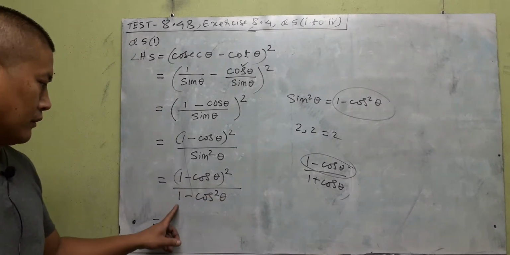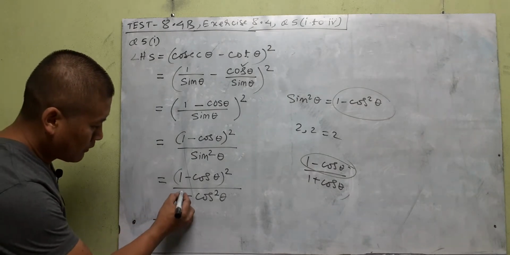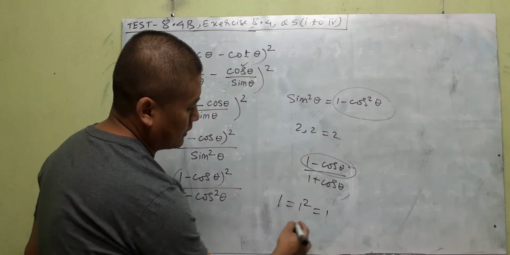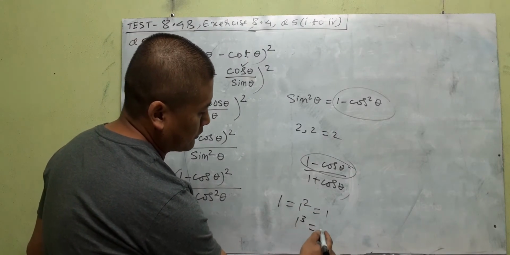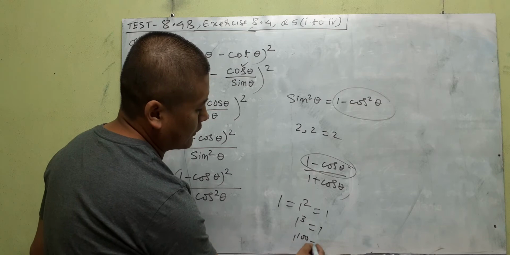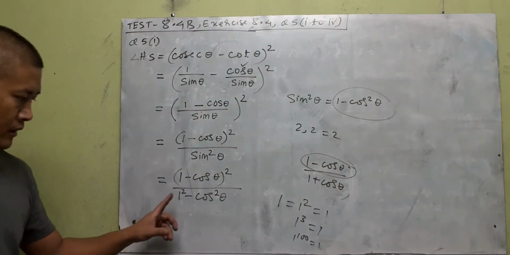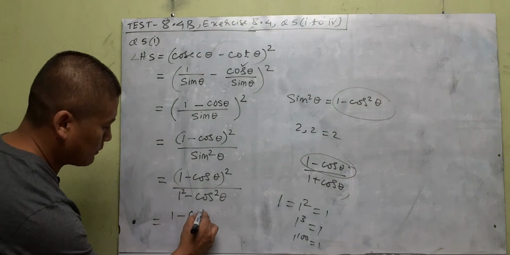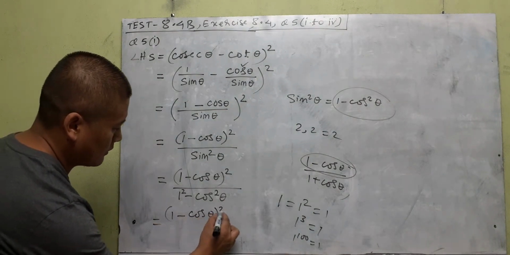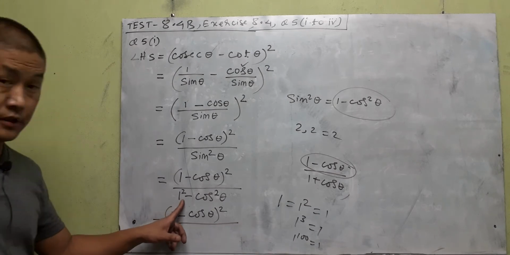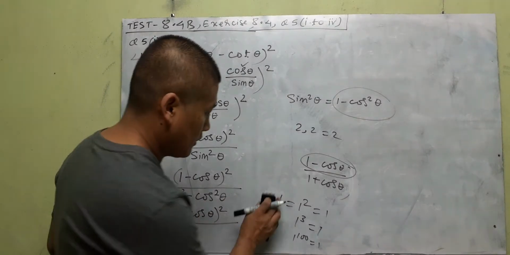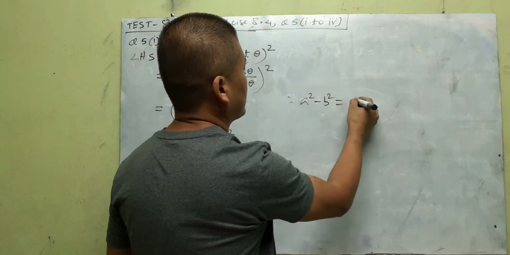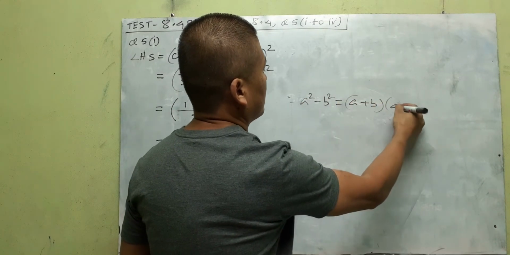Now we know that if we have the number 1, we can put any power we like. 1 to the power 2 is also 1, 1 to the power 3 is also 1, 1 to the power 100 is also 1, up to us. So we put 2 there. Why? Because we want to match this formula. A very common formula in our mathematics is a square minus b square, which is (a plus b) into (a minus b).